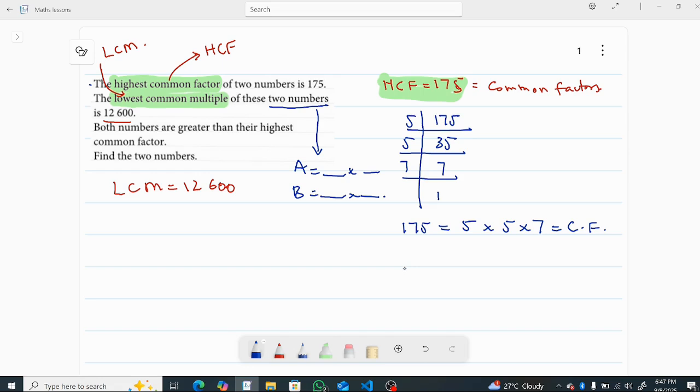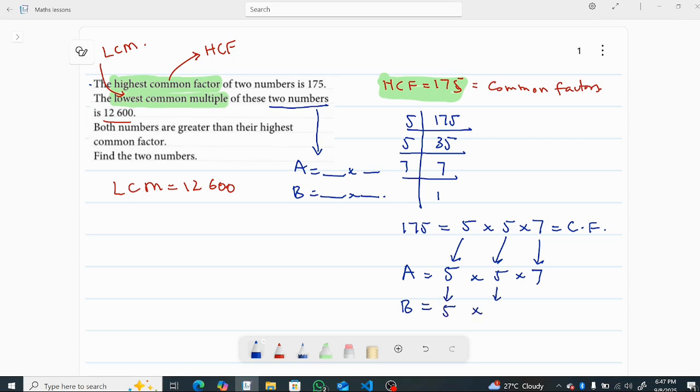Common factors are the factors which are part of A, and also part of B. That's why this is called a common factor.